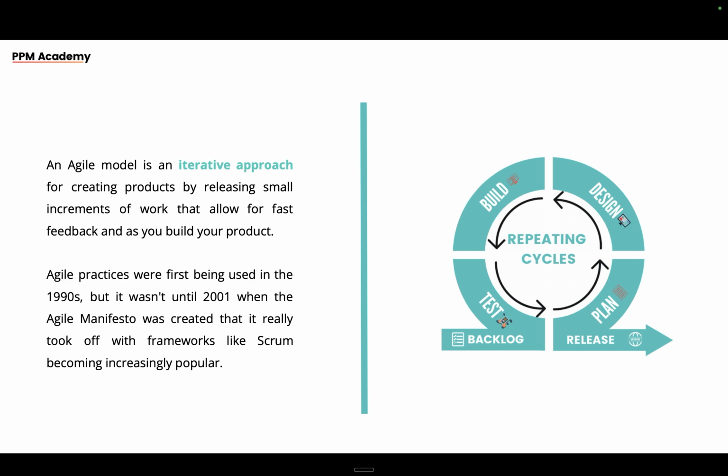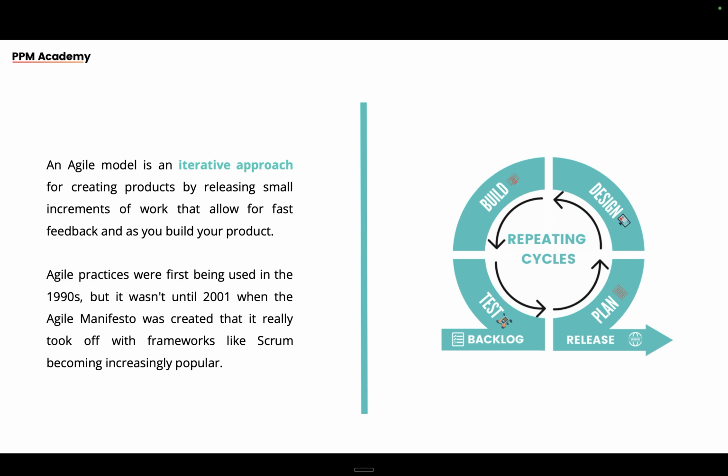And then the Agile model is an iterative approach for creating products, services, can be absolutely anything, by releasing small increments of work that allow for fast feedback as you build your product. And Agile practices were first used in the 90s, but it wasn't until early 2001 when the Agile Manifesto was created.